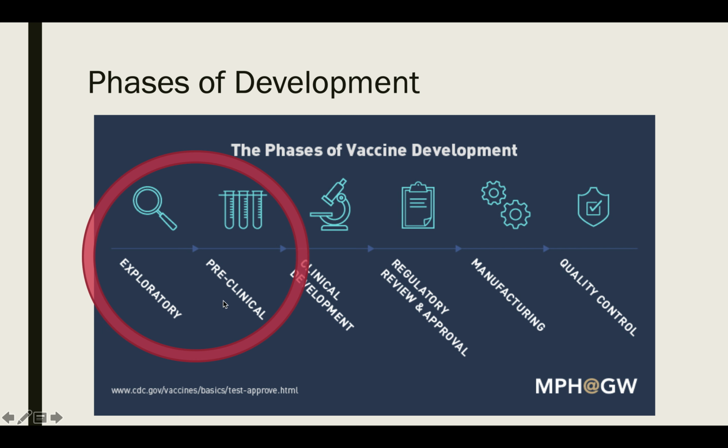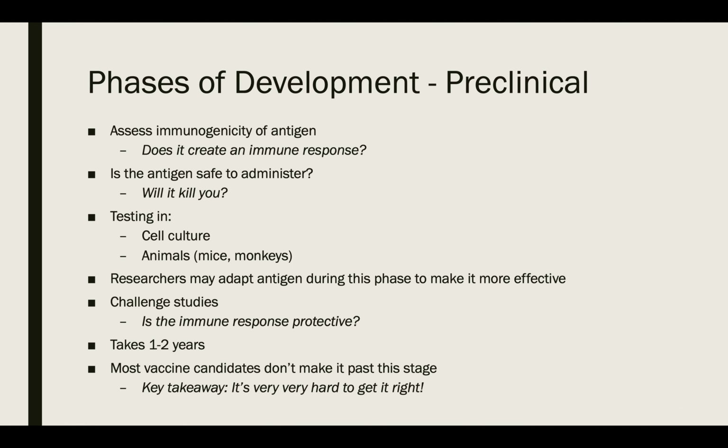So if you're paying attention to the news with vaccines against SARS-CoV-2, the virus that causes COVID-19, there are numerous vaccines in clinical trials, and they're all in this stage. So at this point, mostly all we know about them is they create an immune response. It may appear to be a protective immune response, but again, this is in mice and monkeys.